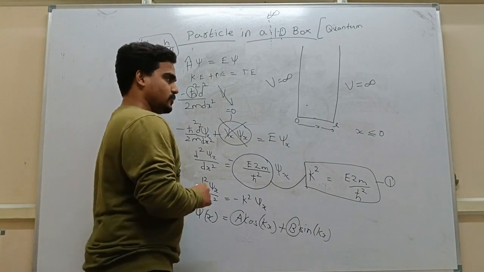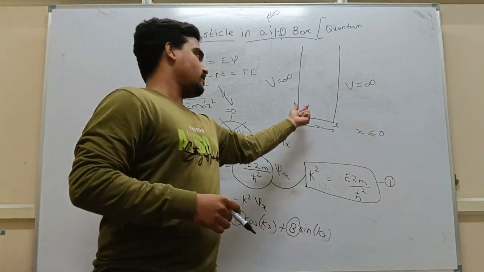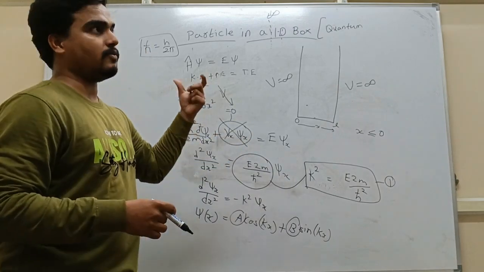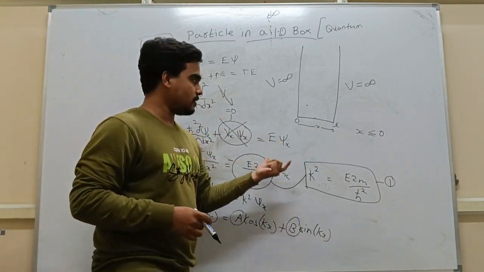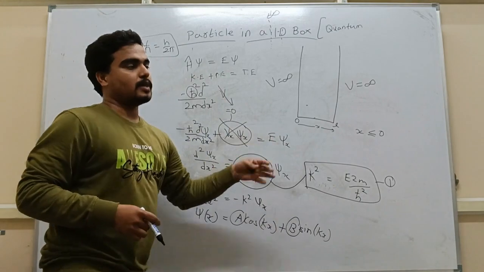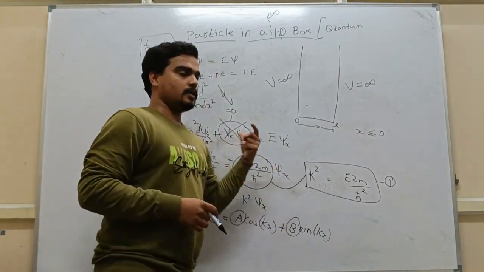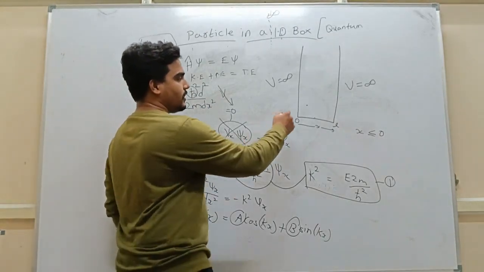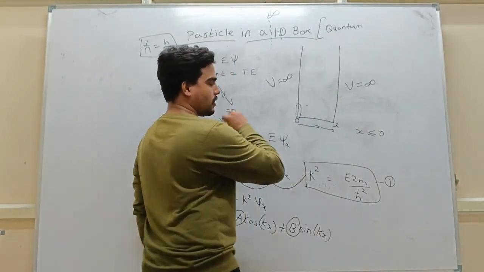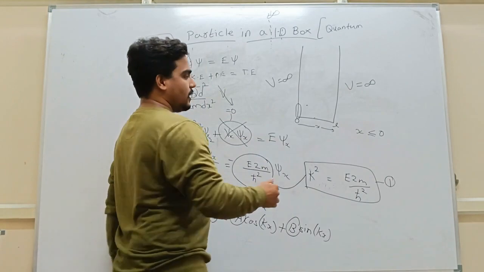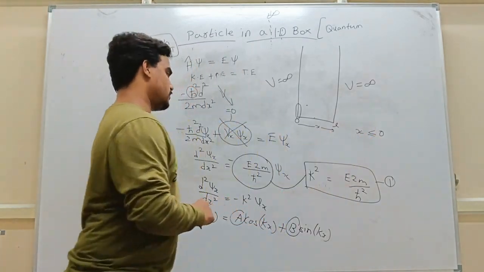Why should it not be equal to 0? The particle has the form of a wave function, meaning it has wave nature, and that wave function should be continuous, not discontinuous. That is why the particle cannot stay at the borders, at the boundary, as well, and the value of x cannot be equal to 0.